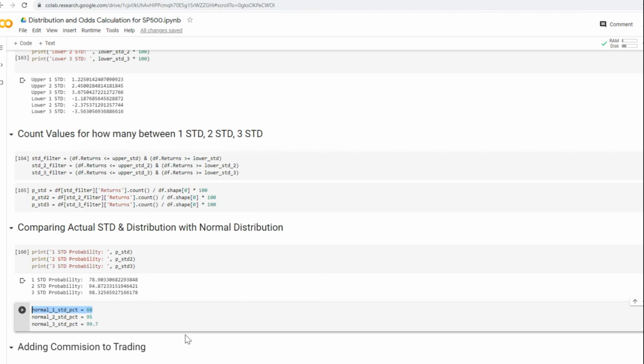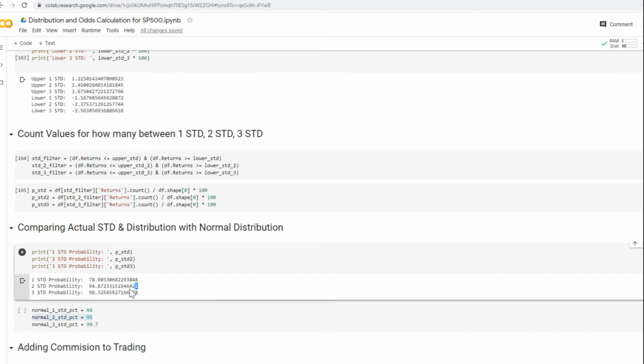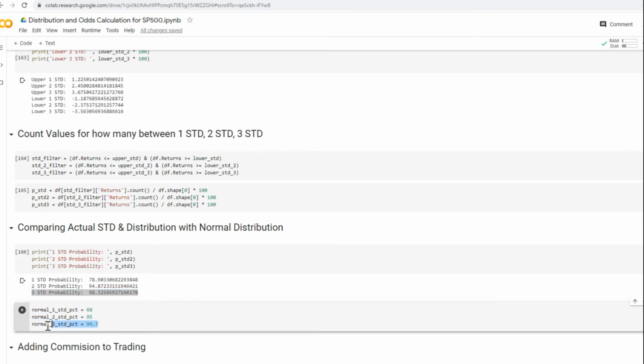Right. So for 2 standard deviation of probability we have 94.8, where for normal standard deviation we have already 95. Okay, so we capture under normal distribution we will capture almost 95%. So 3 standard deviation for the empirical is 98.32, and for the normal is 99.7.